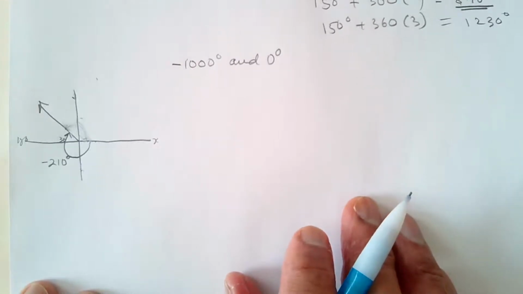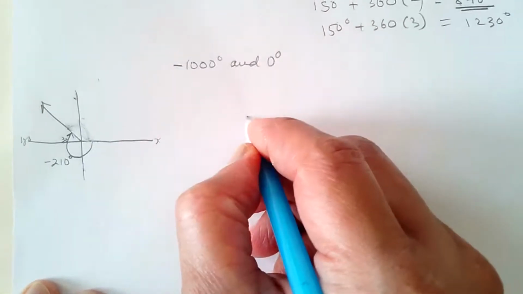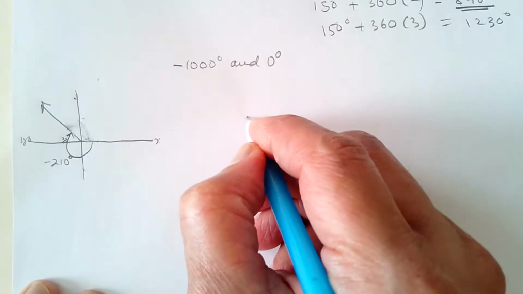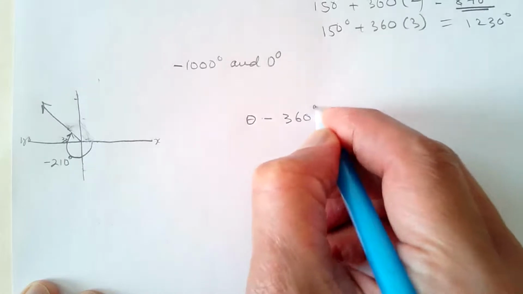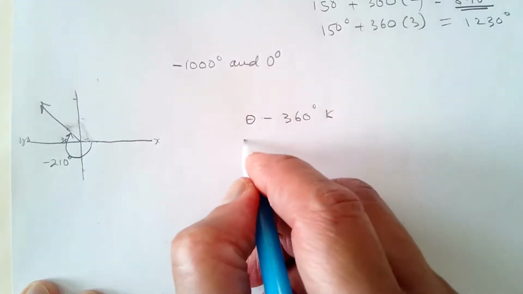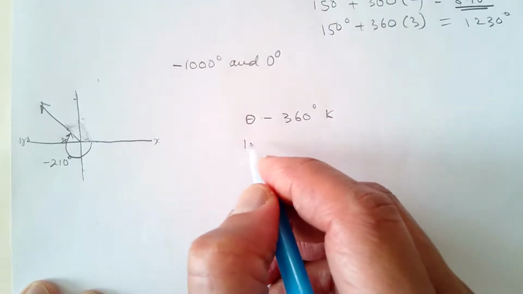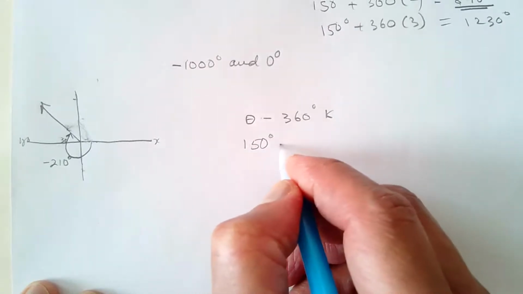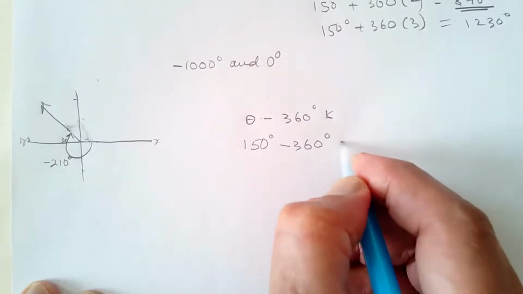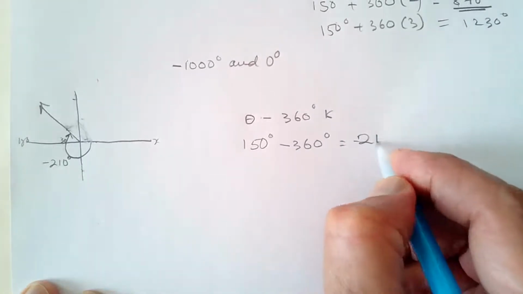So let's look at the pattern. We have 150 degrees, and now we're going to use theta minus 360 degrees times k. The first one would be 150 degrees minus 360 degrees, which gives me negative 210.